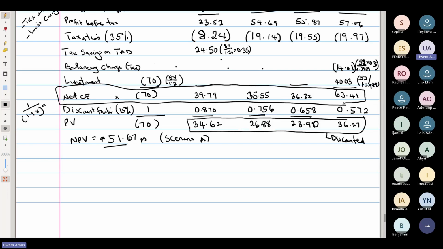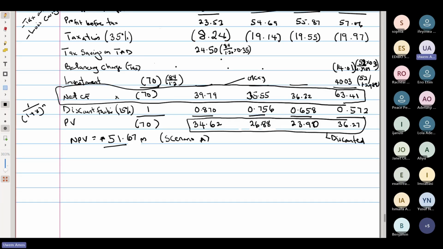So please pay attention to the requirements of the question. But the question doesn't mention that we should calculate the discounted payback period, so we'd use our regular cash flow before discounting, which are these ones. I hope that's clear. All right, so let's go right into it.